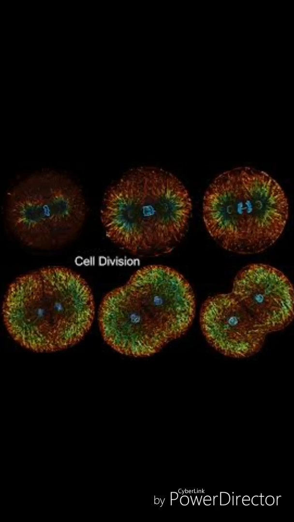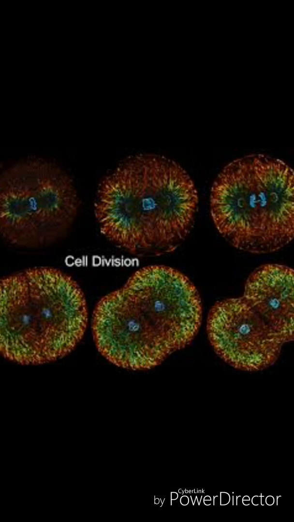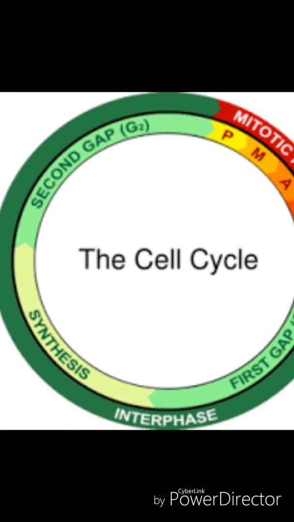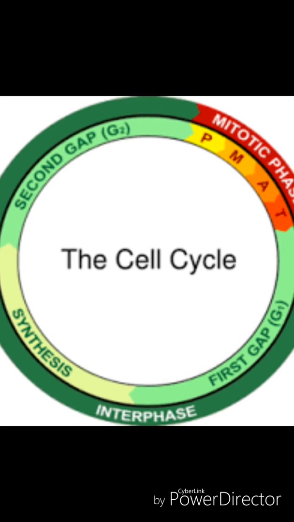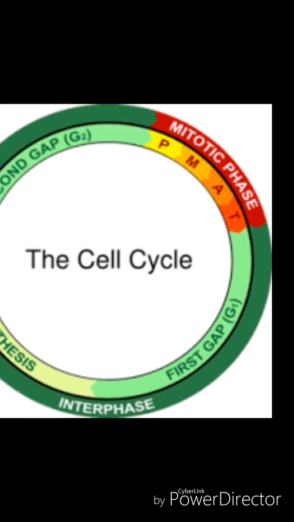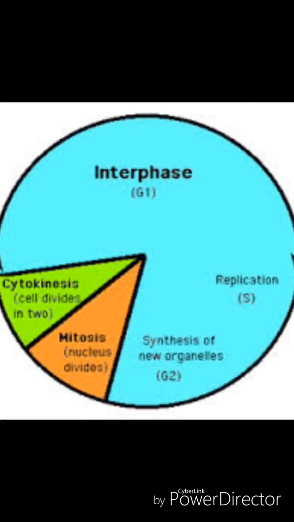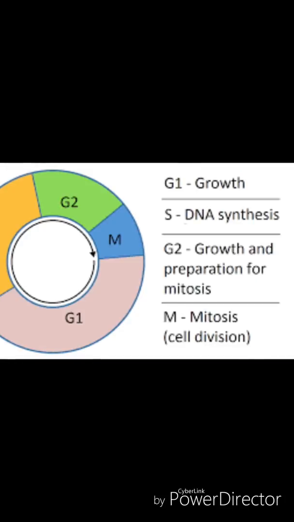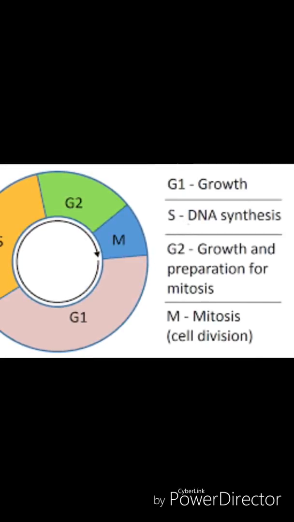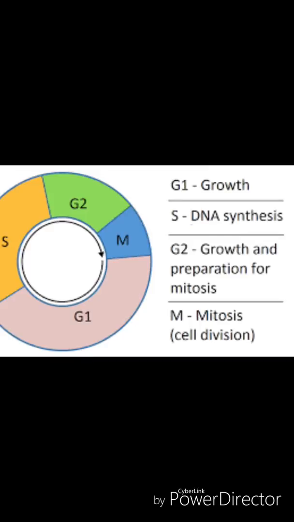As I said earlier, cell division usually occurs as part of a larger cell cycle. The cell cycle is the series of events cells go through as they grow and divide. First is the interphase, starting with the G1 phase, or the first gap phase. During this phase, cells that are intended for mitosis grow and carry out various metabolic activities.